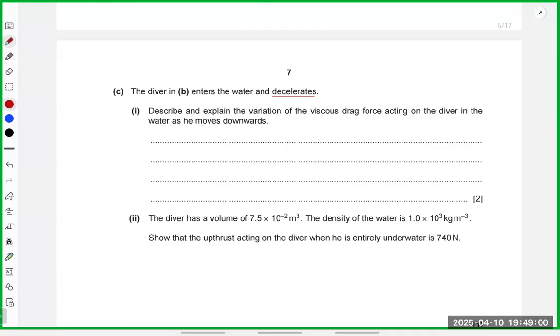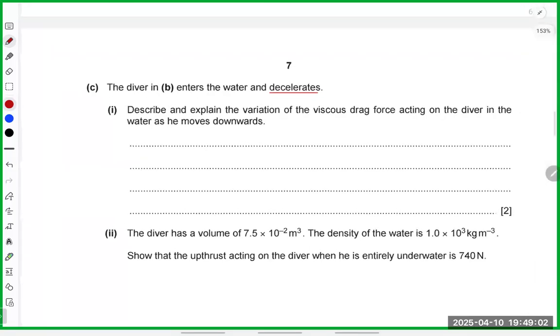Okay, so viscous drag force acting on the diver in the water as he moves downwards. Diver enters water with maximum speed.